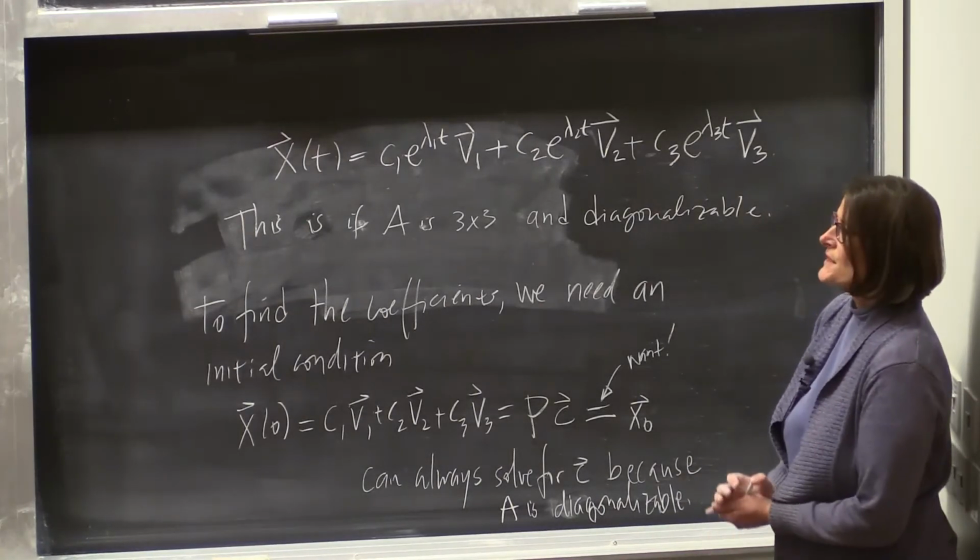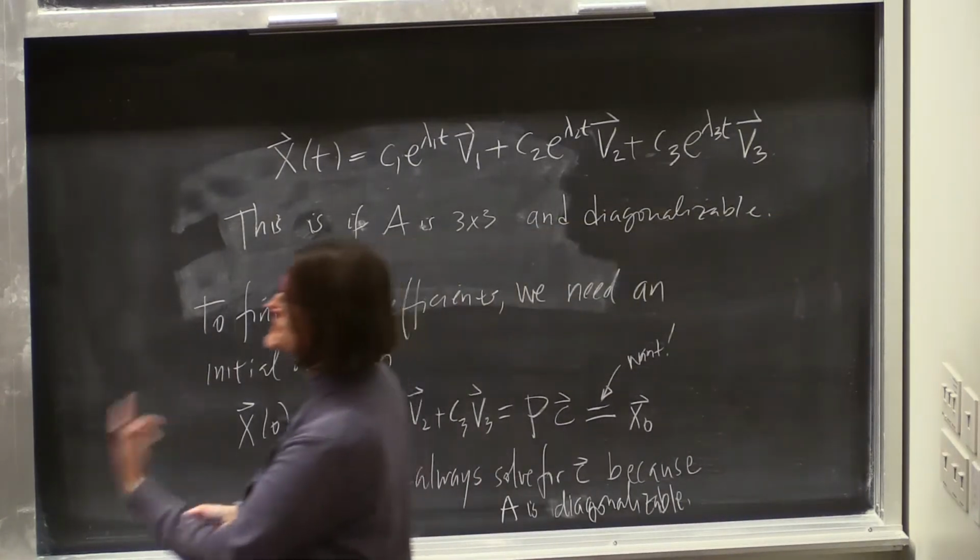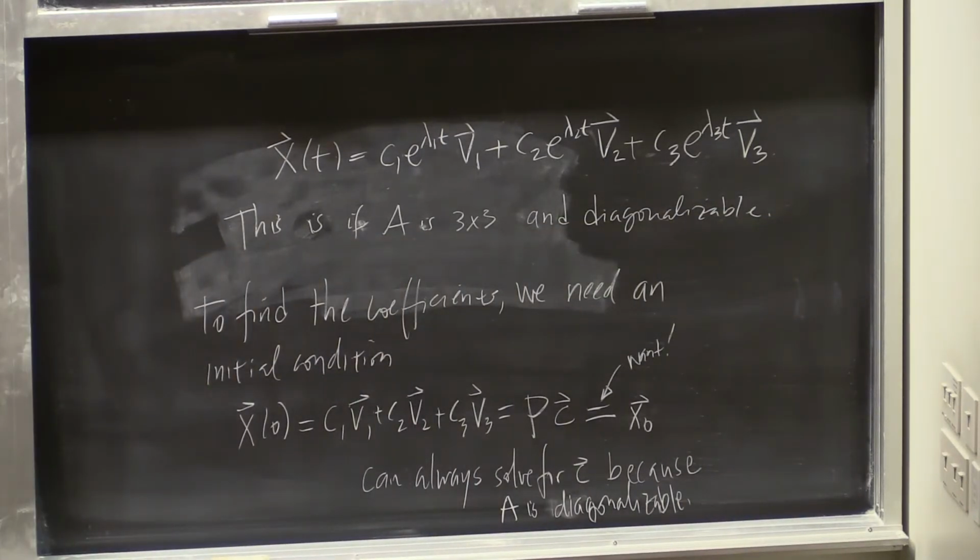So what's the recipe? If you have a specific system with specific initial condition, first you find the eigenvalues and the eigenvectors. So someone gives you the matrix corresponding to some coupled masses on springs, or you have a linear system having to do with rooms connected to each other by air vents, or whatever.